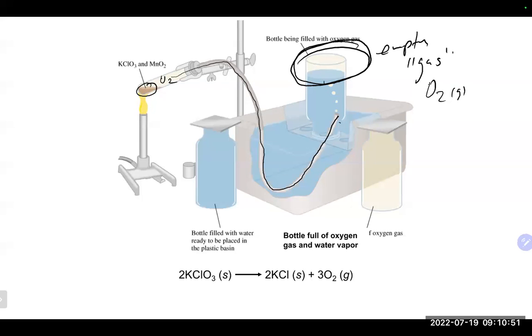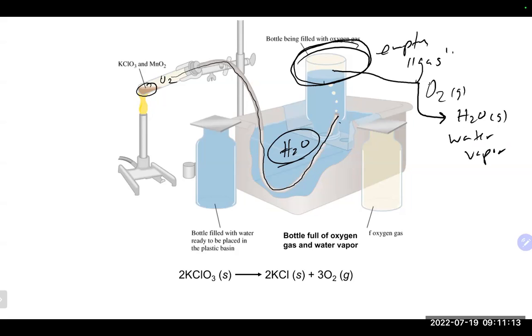But just as a side effect of collecting the gas this way, where water is involved, and some reaction is going to generate some heat, heat and water will also create in here some water vapor.